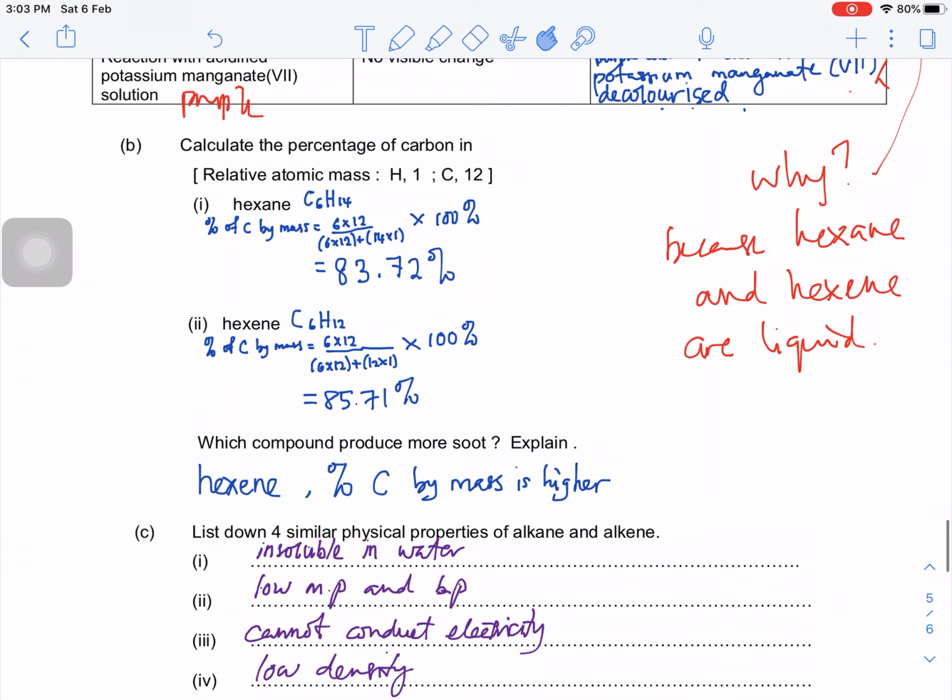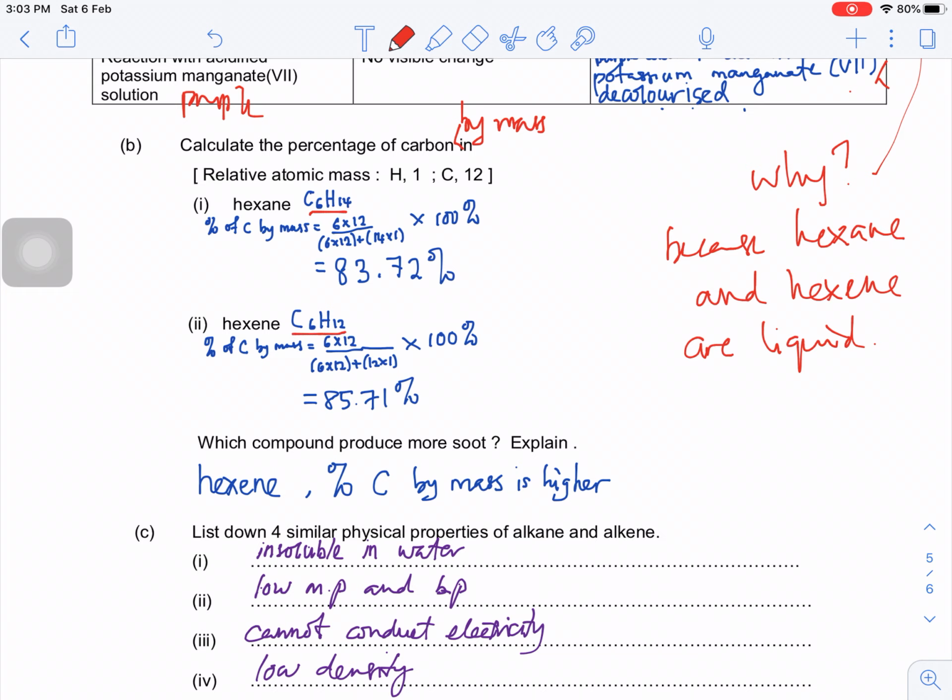Okay, next. Calculate percentage of carbon. Okay, ni soalan yang selalu glamour. Calculate the percentage of carbon. Tambah dalam soalan biasa dia akan sebut by mass. Okay. So, for hexane, mula-mula kita kena tahu hexane tu berapa. C6H14. Hexene C6H12.